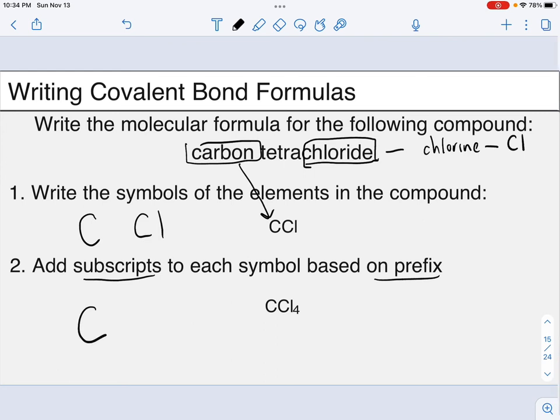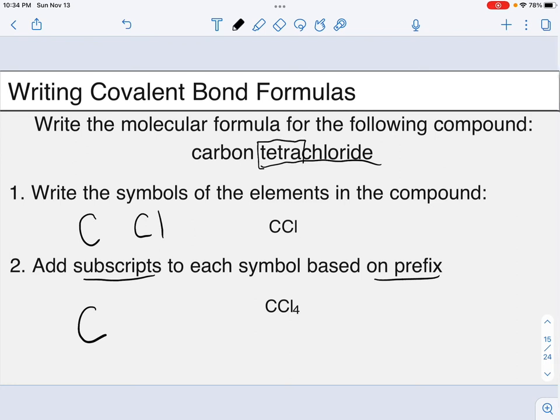Chloride has a tetra in front of it. You see that? Let me go ahead and erase what I've been working on. Let's look at the name, tetrachloride. This prefix tetra is a big giveaway, and that's why you have to understand what these prefixes mean. Tetra is the prefix for the number 4.